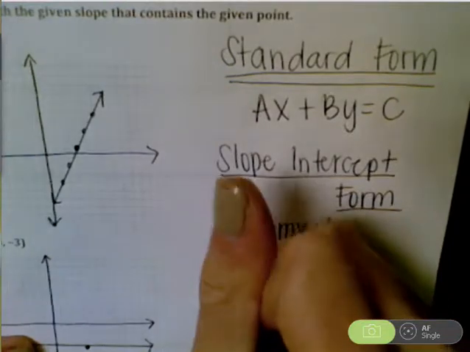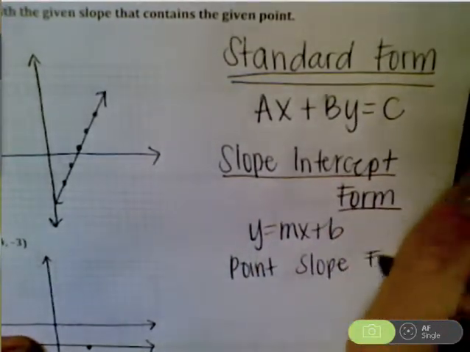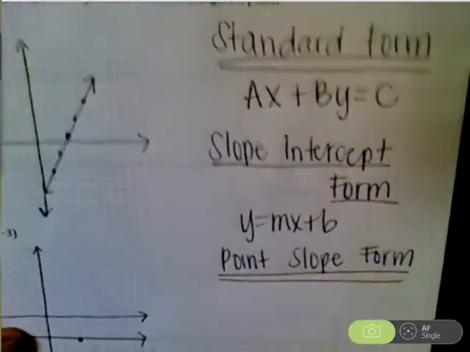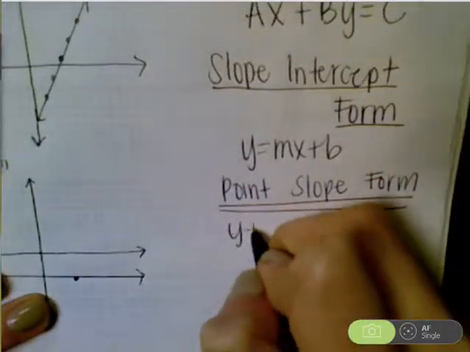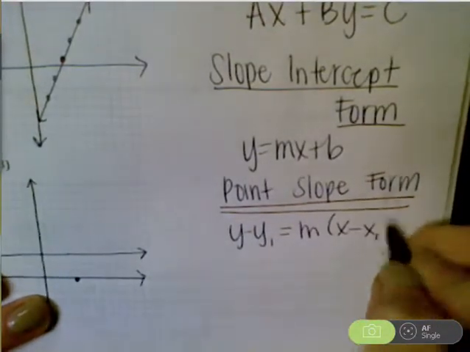So let's add that to our list. Point-slope form. Again, that's y minus y1 equals m times x minus x1.